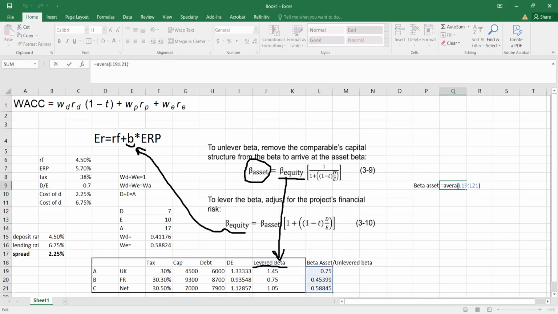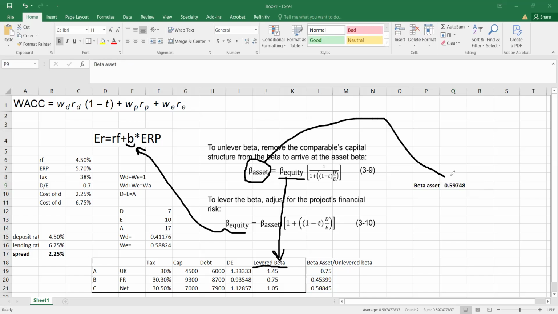There's something wrong. Okay. Now, that's my beta average. Okay, beta asset. Now, I can use this beta asset of these 3 comparable companies and put it into this formula to calculate my beta equity.